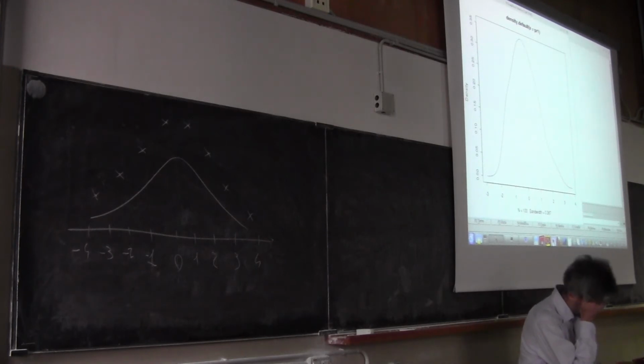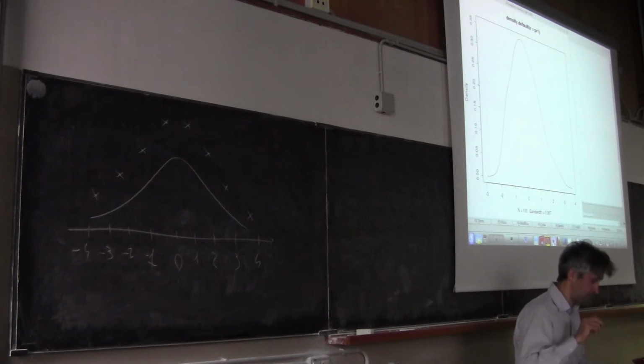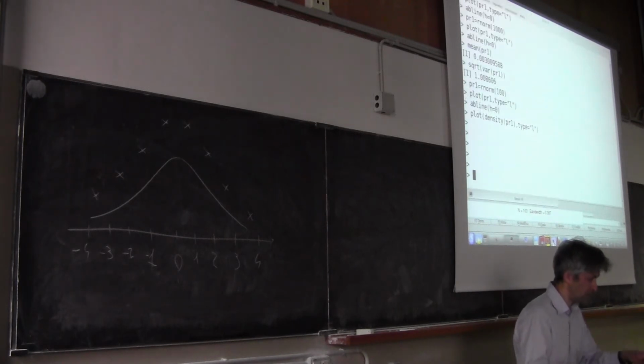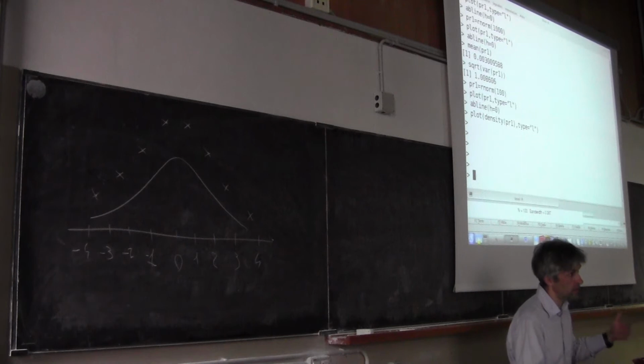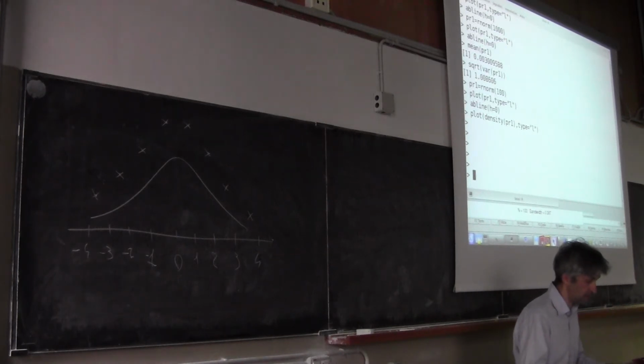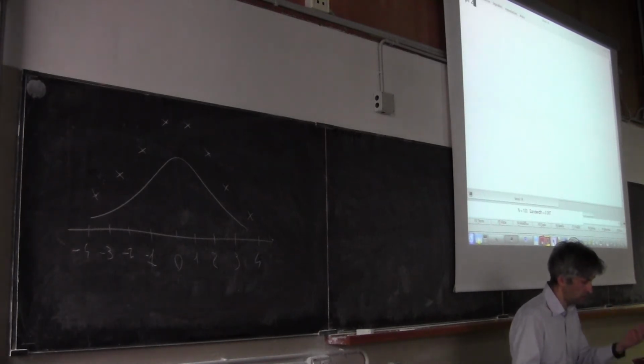And let me now be more detailed about this function density. Density gives back an output which is more detailed than what I just plotted. Let's call a variable PR2 that collects the output of density.